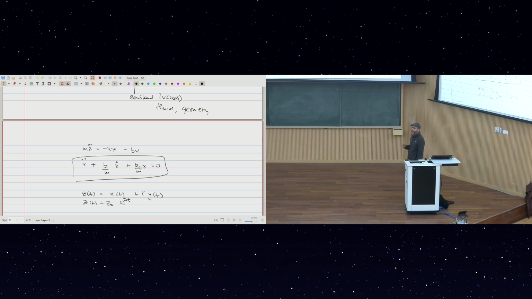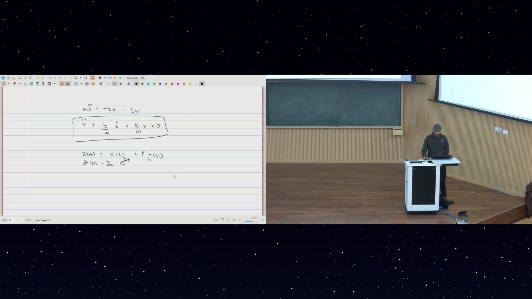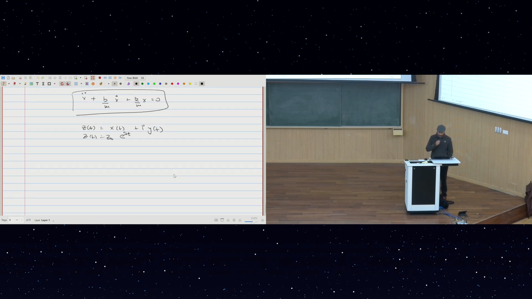In this case, as compared to the undamped system, we have an extra term now, which is B upon m times x dot. So we will want to solve it now mathematically and analyze the solution and see what is the physical aspect related to that system.